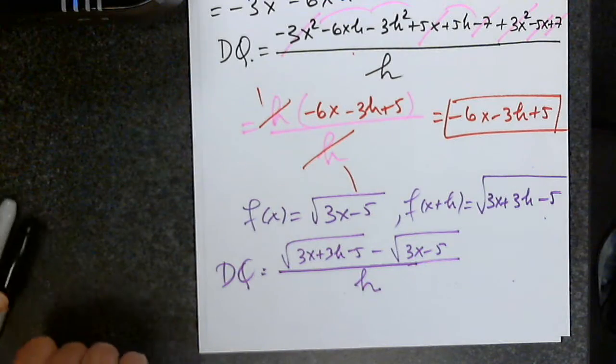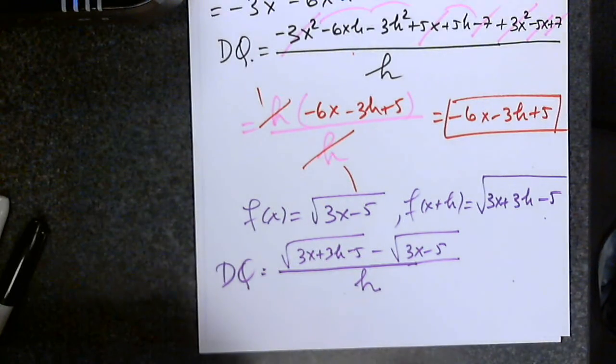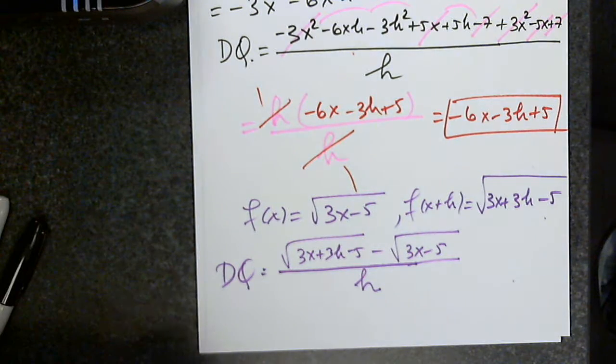Any ideas? Because I cannot subtract radicals. Nope, because they're not the same. I cannot factor out because they're not the same.